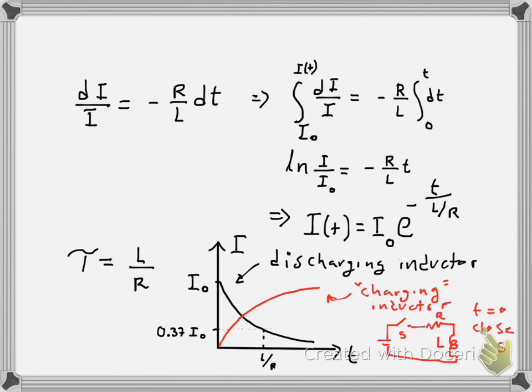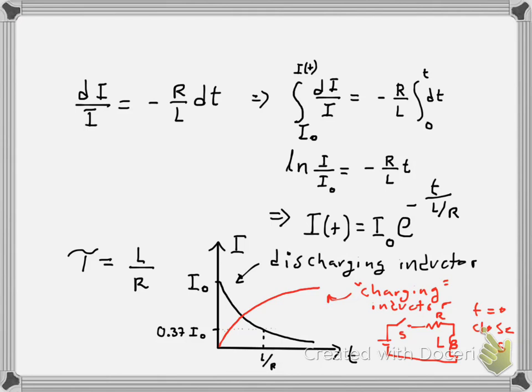Now, if instead of setting up the circuit this way, we had set up the circuit as you can see there in red, with the battery connected all in series with the resistor and the inductor and a switch, and at t equals 0 we close the switch, then the situation will be different. The inductor's current will be initially 0, and as the battery starts to pump current into the circuit, the inductor is not going to let that current increase very quickly.